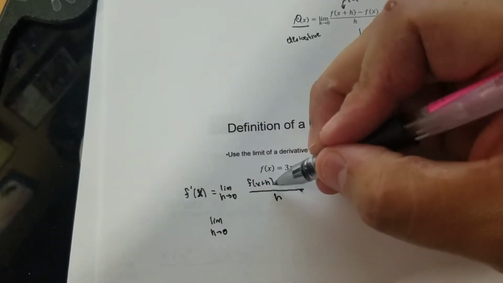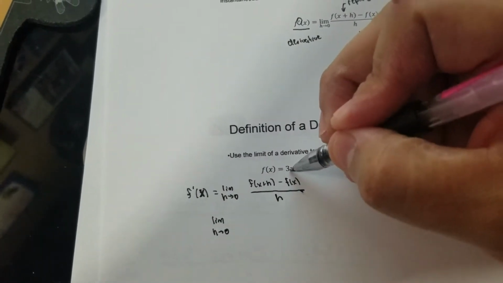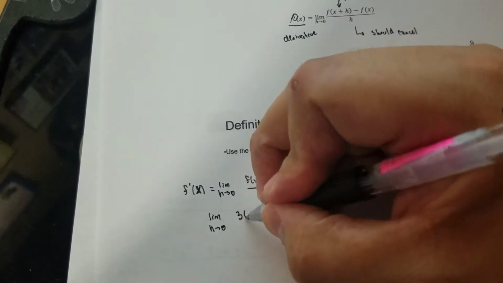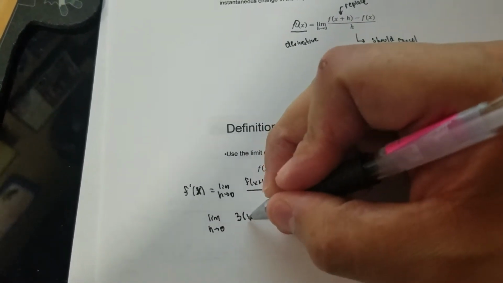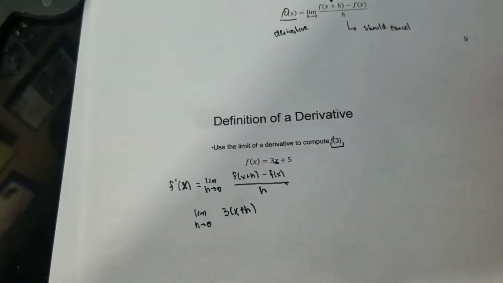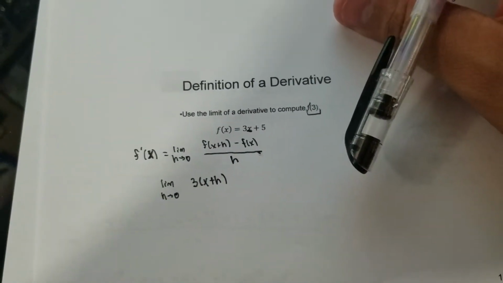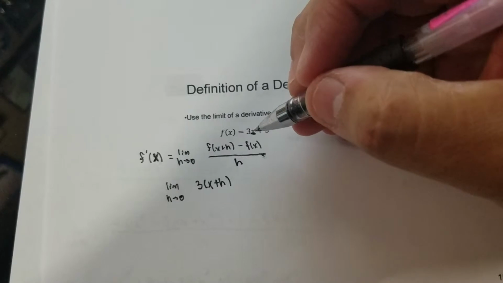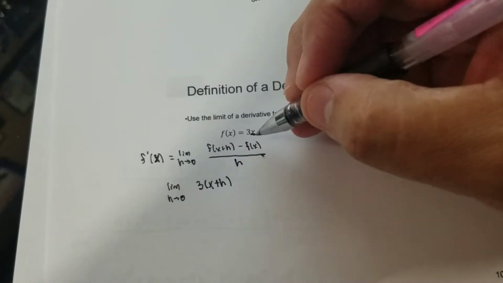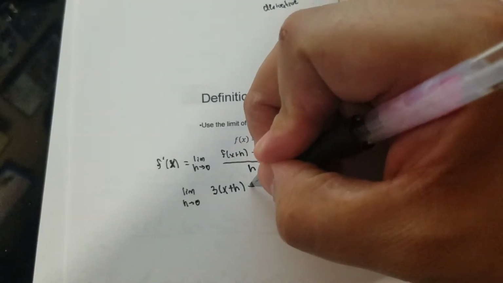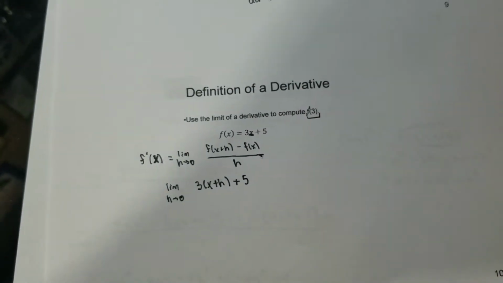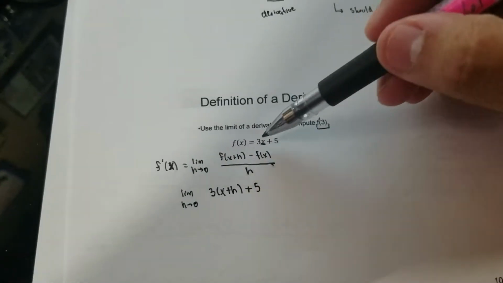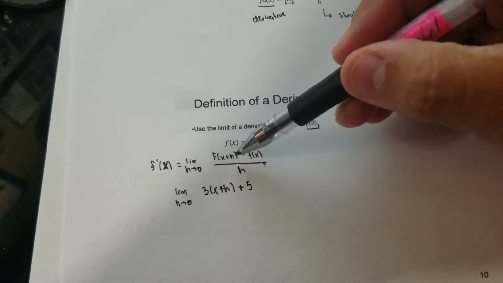I'm going to replace the x with x plus h right here. So this is 3, but instead of writing x, I'm going to write x plus h. That's all I did. And I write the rest of the equation. That's just the 3x part. I still need to put the plus 5. Now I replaced all the x's in this original equation with x plus h.